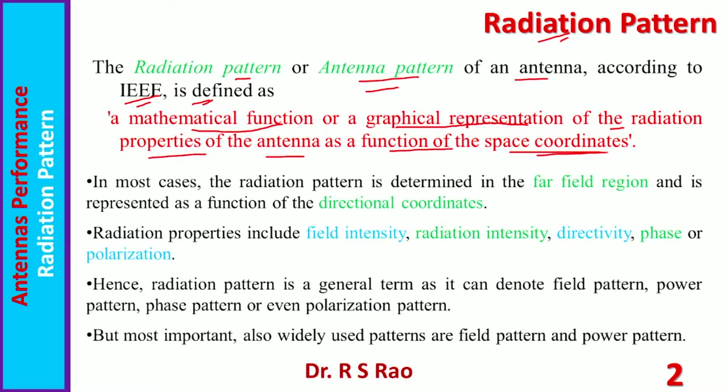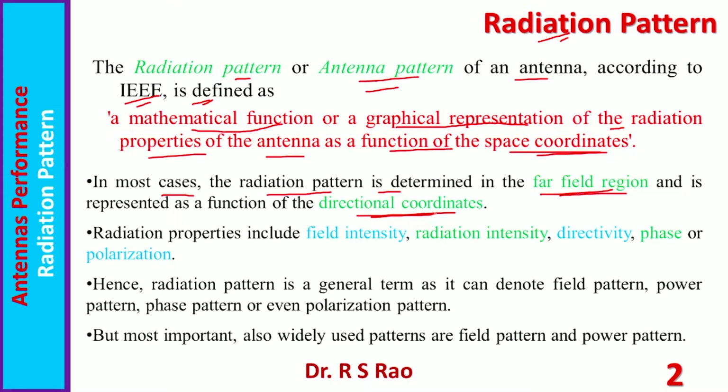Space coordinates means the pattern describes how one or other properties of the radiation of a radiator varies in space with the distance, with the direction. In most cases, the radiation pattern is determined in the far field region and is represented as a function of directional coordinates.